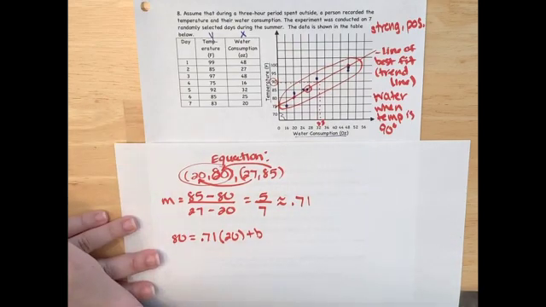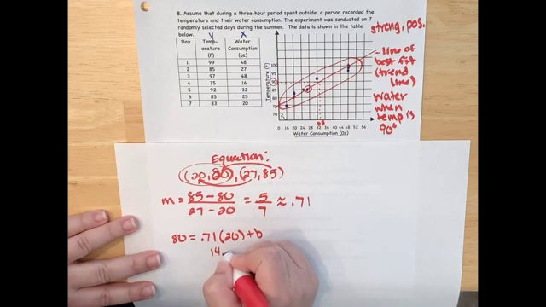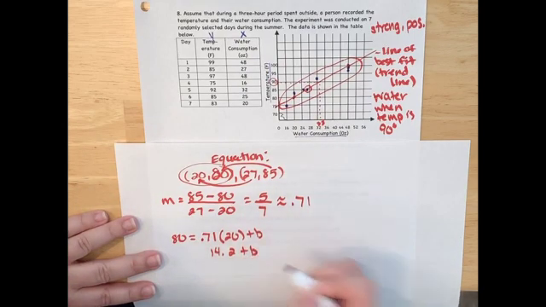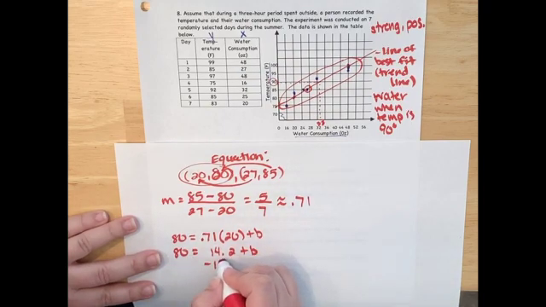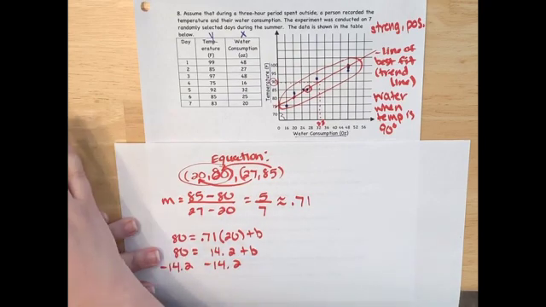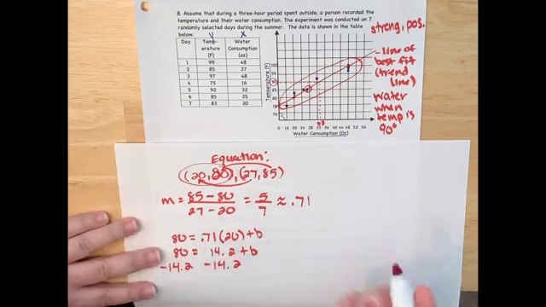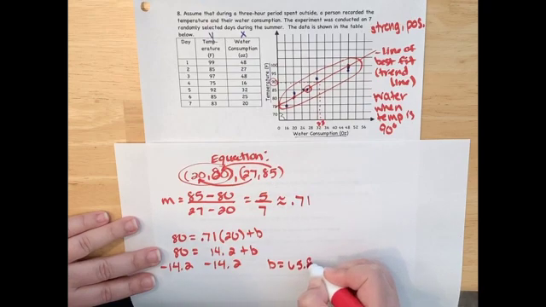So let's figure out what 0.17 times 20 is. It's 14.2 equals 80. Move the 14.2 over using inverse operations. And we get that b is equal to 65.8.